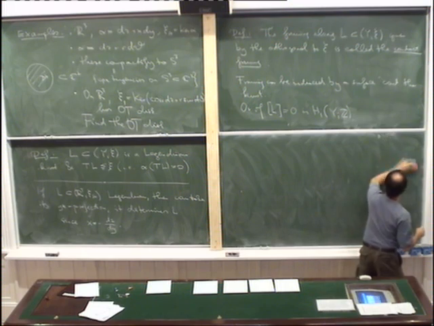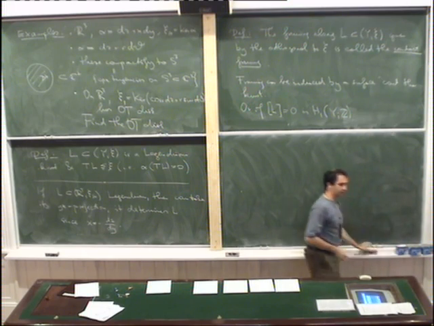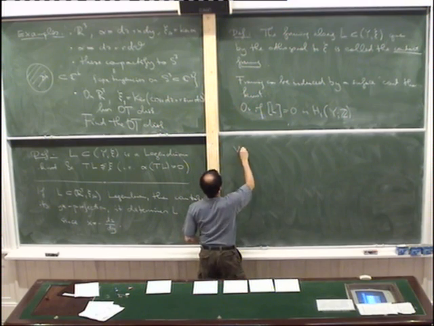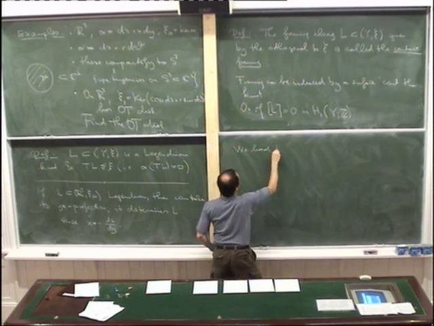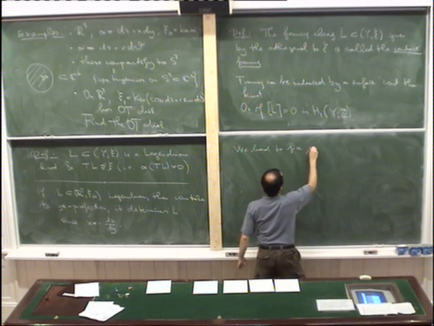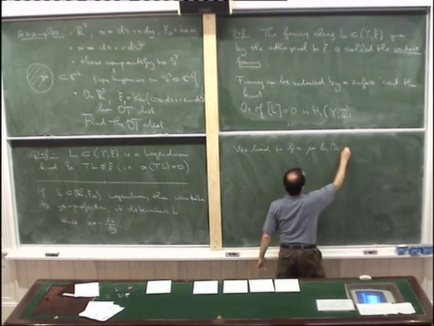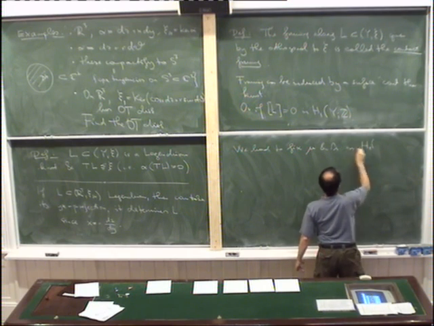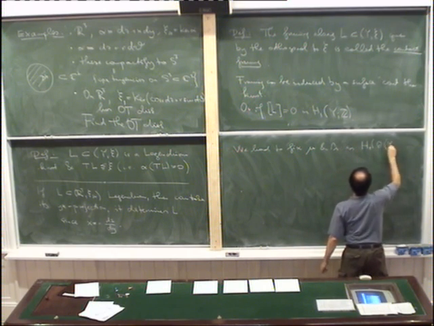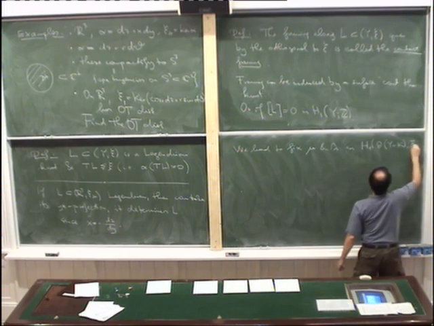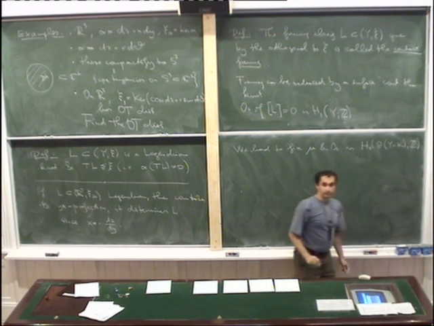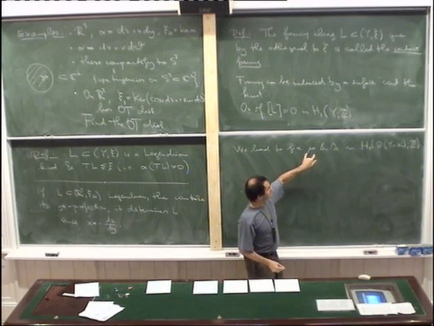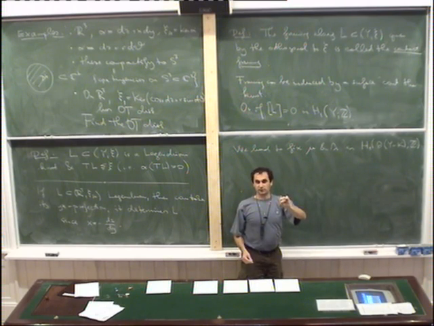Let me just very quickly define it. So remember, in order to perform surgeries, we had to fix mu and lambda in H1 of the boundary of Y minus nu K. And the way you usually fix the meridian is the knot which is contractible in the neighborhood of the knot.